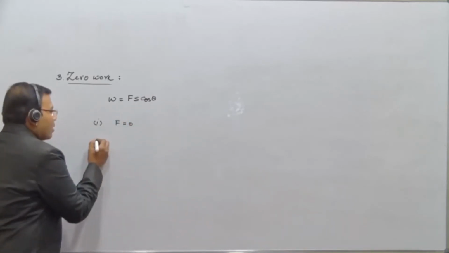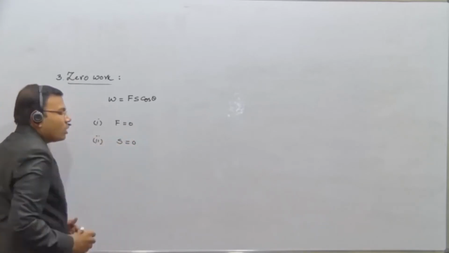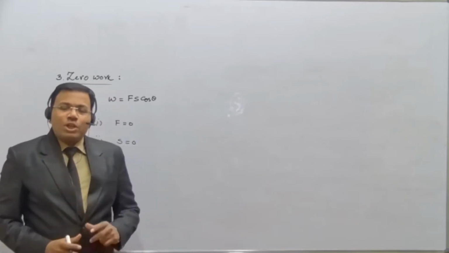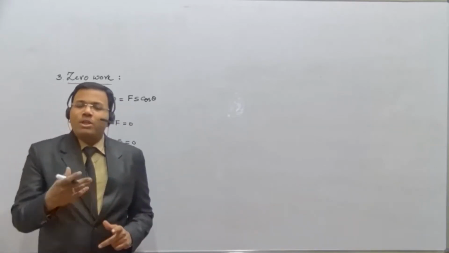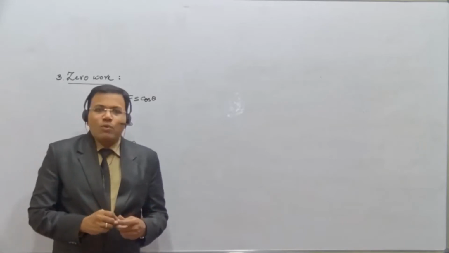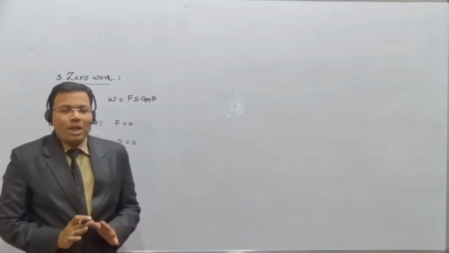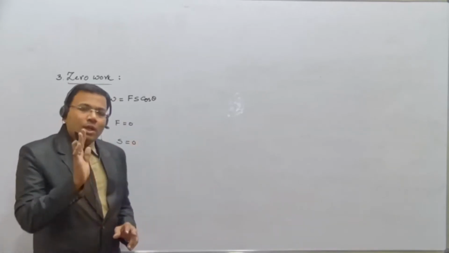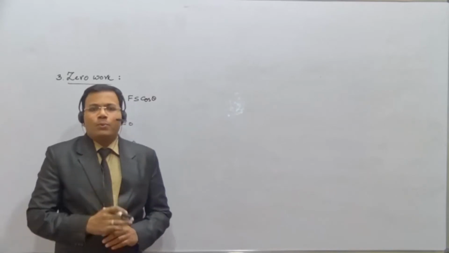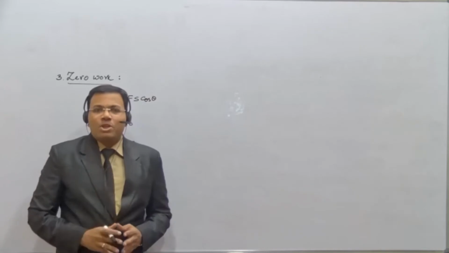Next, the second condition: S is equal to 0. What is S? S is the displacement. In this situation, even though you are applying the force, there is no displacement. I'll give you an example. Just try to push the wall of your room. You can apply the force, but will the wall move? No, the wall is not going to move. There is no displacement of the wall.